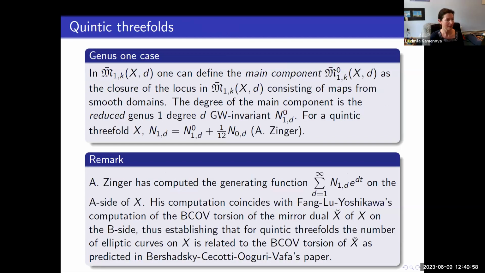Together with the computation by Feng, Lu, and Yoshikawa, which was a separate computation on the B side, the BCOV torsion side, they found that these two expressions agreed. So at least for the quintic threefold, all of these expressions agree, and we have the physical mirror symmetry for quintic threefolds.